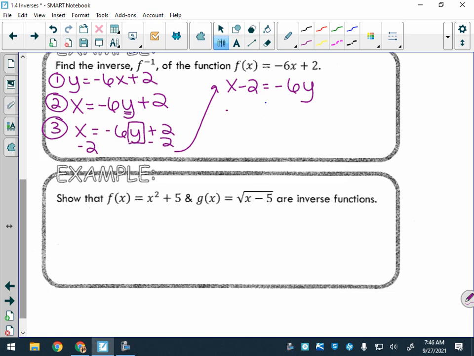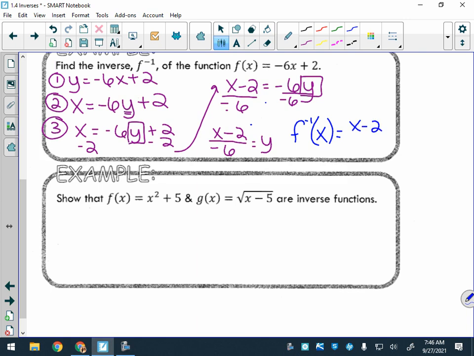Divide by negative 6. So right now, we have x minus 2 over negative 6 is y. That's what we solved for. But we want to rewrite it in function inverse notation. So f to the negative first, x equals x minus 2 over negative 6. This would be your fourth step by rewriting.